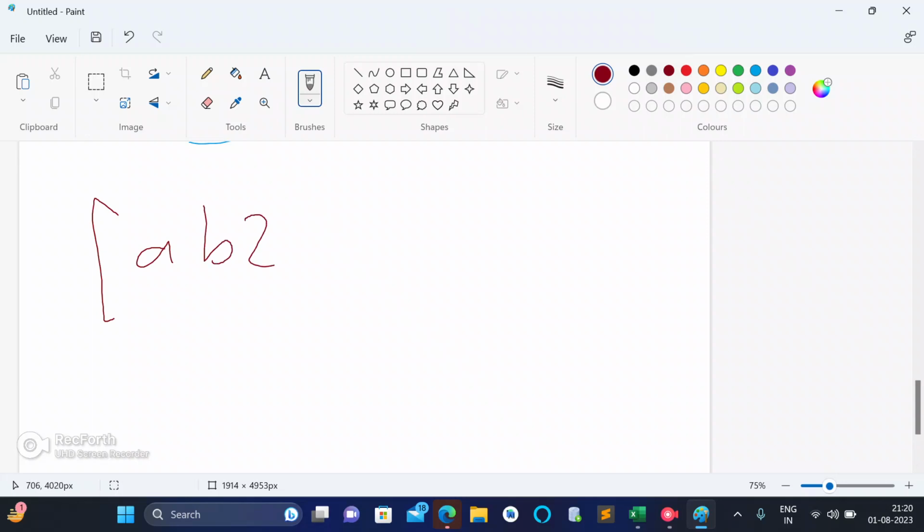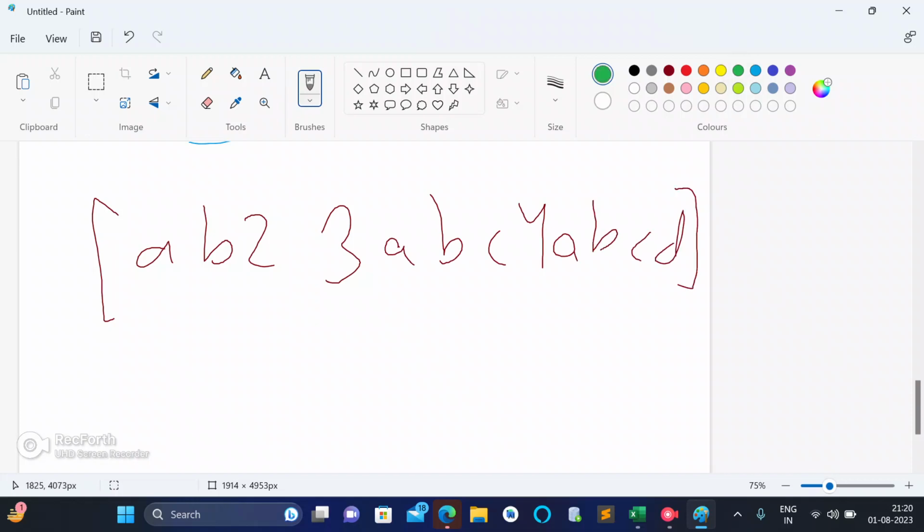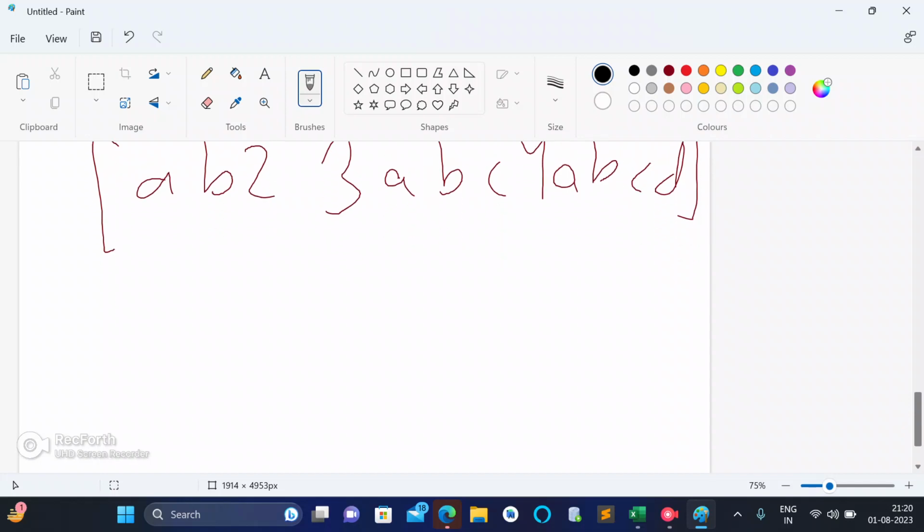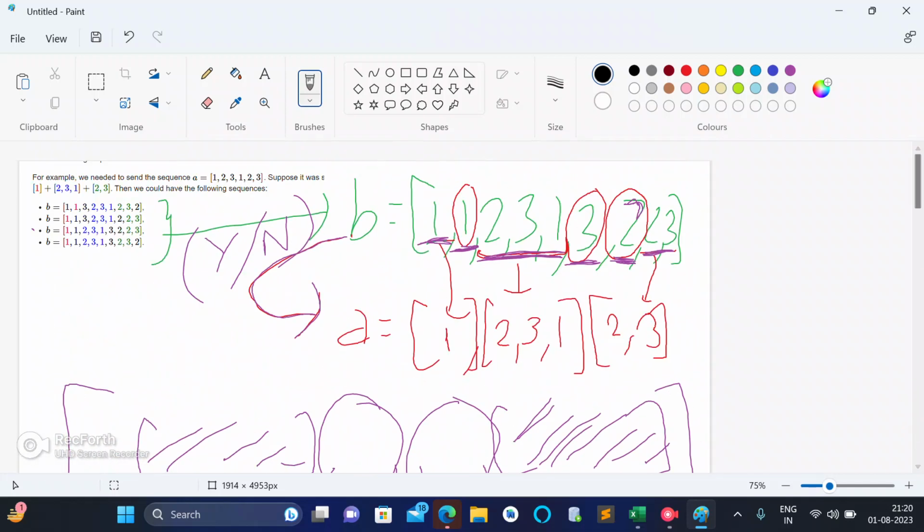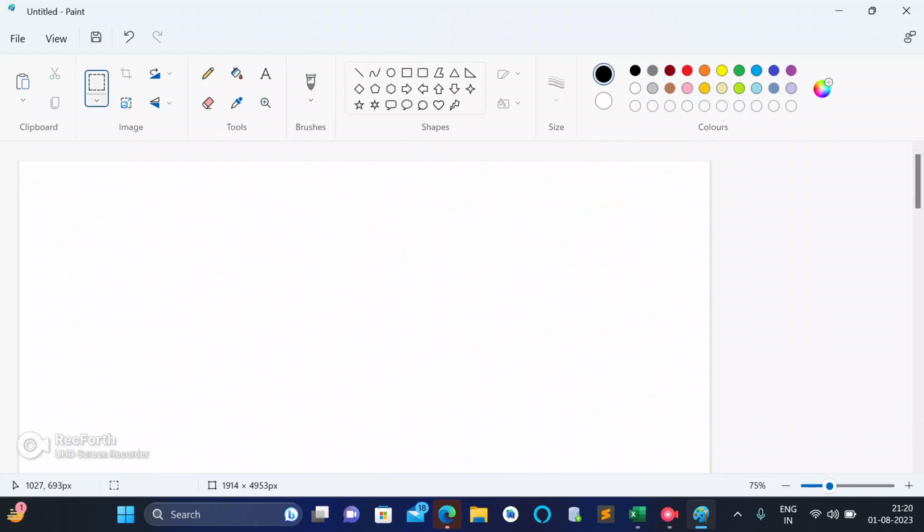Let's say the array given to us is A, B, 2 and 3, A, B, C, then 4, A, B, C, D. Okay, so what conclusion can you make? Instead of ABC I should put some numbers.